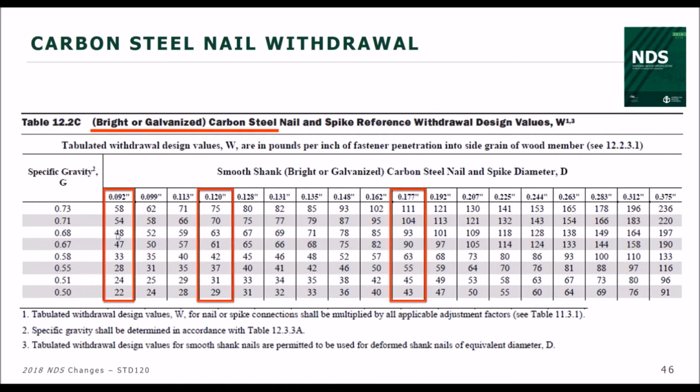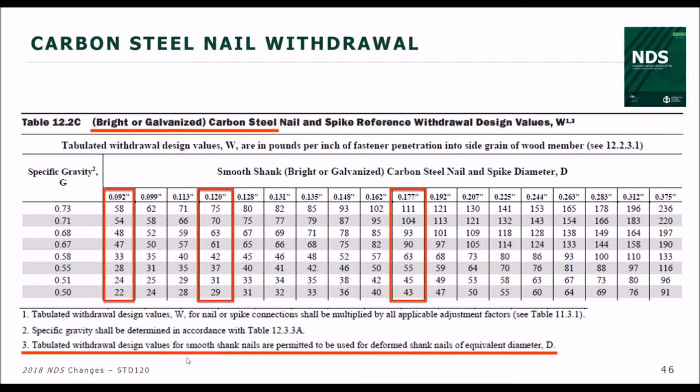We've added a couple of additional diameters here in Table 12.2C to pick up some additional diameters for these carbon steel nails. You'll notice that we've dropped off the right side over here the threaded nails that were in previous versions of the standard. That's because we're more clearly defining ring shank nails as the ones that have that higher design capacity.